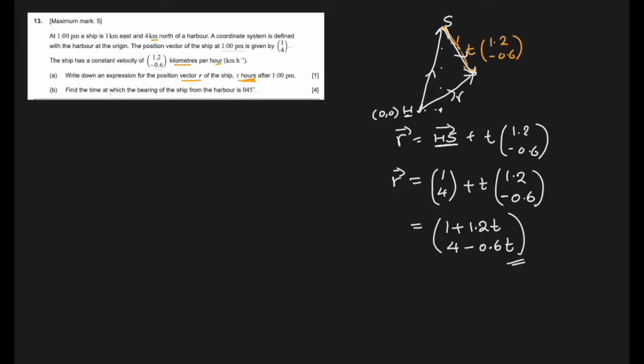Write down the time at which the bearing of the ship from the harbor is 45 degrees. So 45 degrees, this will be north. This angle is 45 degrees, right? If I join this line up to here, this is 45 degrees. Let me redraw this here.